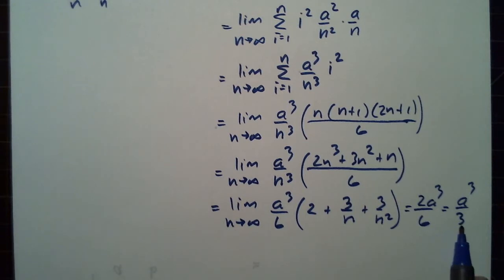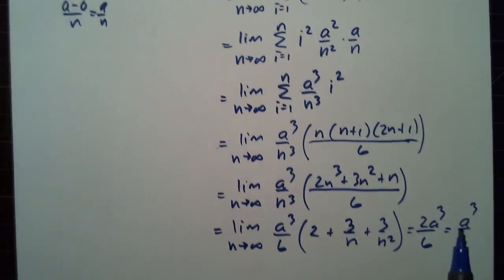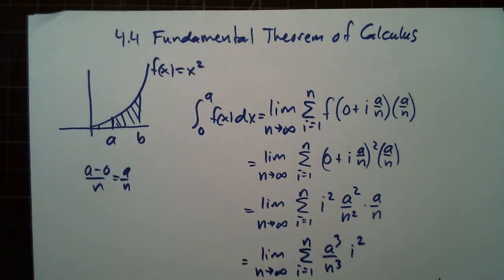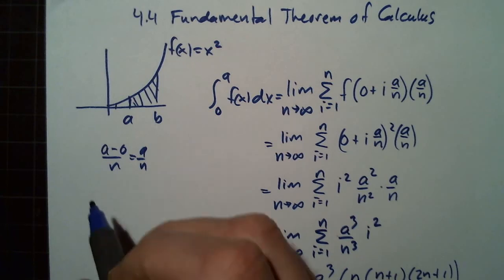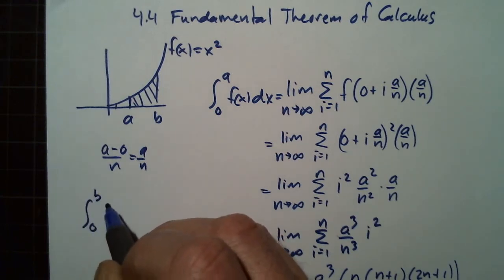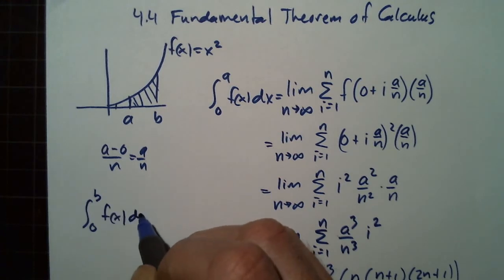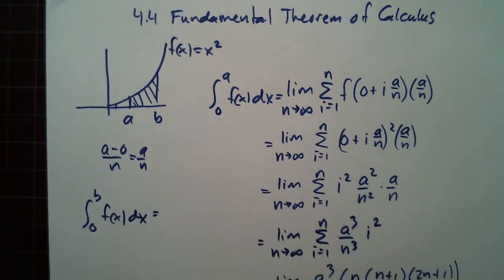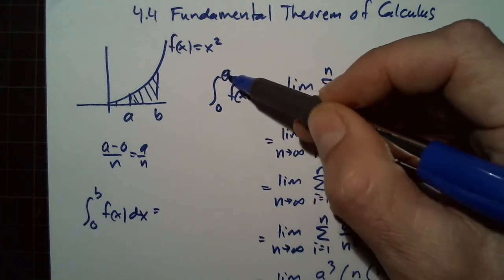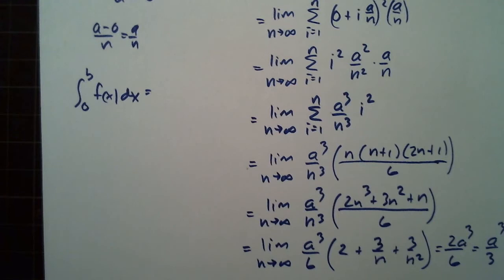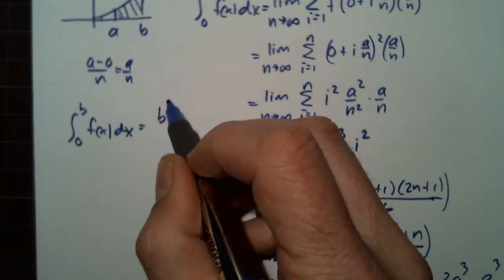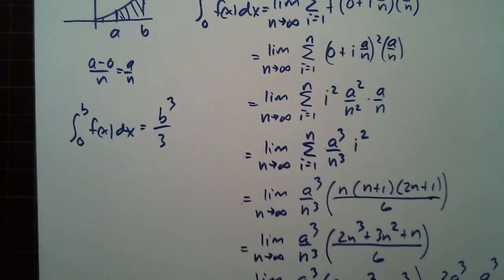Well, not yet. Let's look at how this is going to help us find the shaded region between a and b. What's going to happen if I have the integral from 0 to b of f of x dx? The integral of f from 0 to a is a cubed over 3. So from 0 to b, it's b cubed over 3.